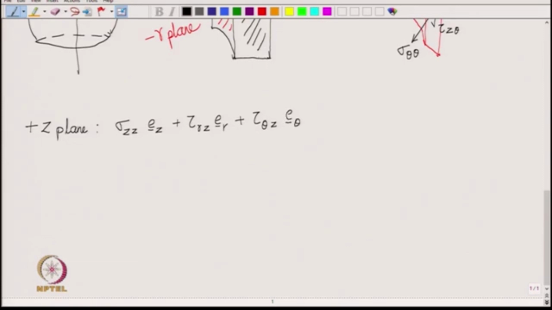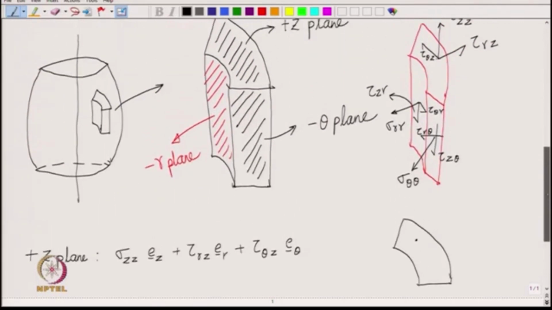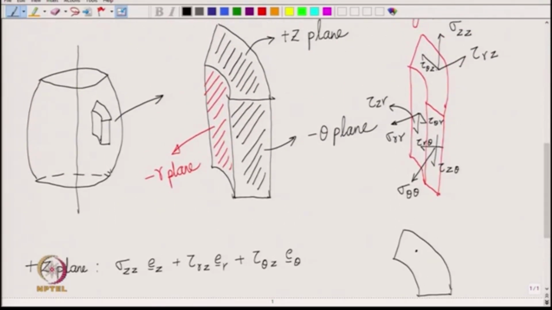So, remember we are now going to integrate over the z plane. Okay. So, the z plane is the top face. And any point on this z plane, what will be the coordinate of that point? So, now we have to think of the dimension for the cylindrical element.